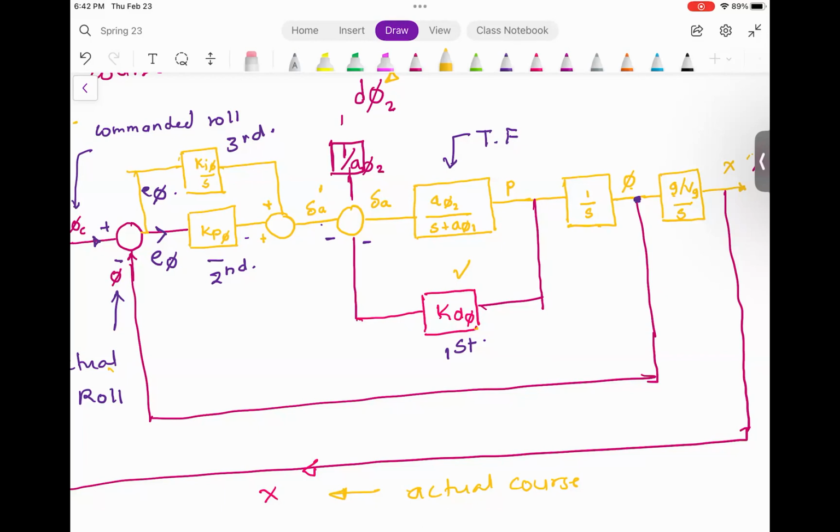That error is also treated in that dP2 term. So unmodeled dynamics and, again, the nonlinear effects are included in dP2. Everyone understood this? Yes?